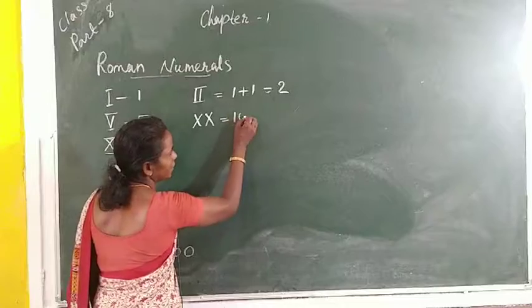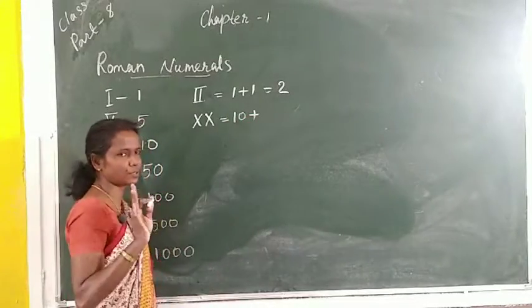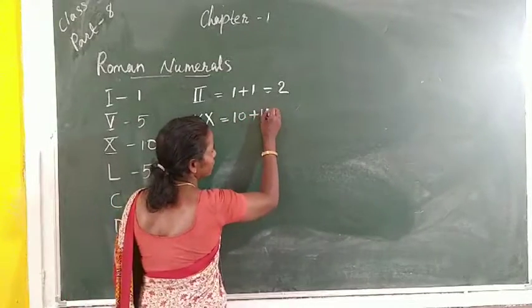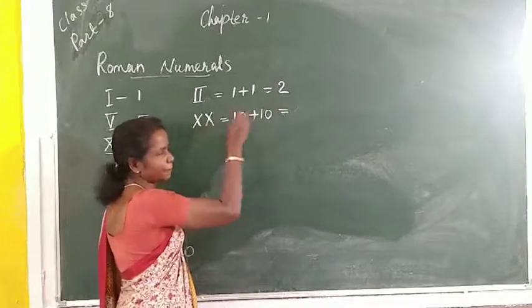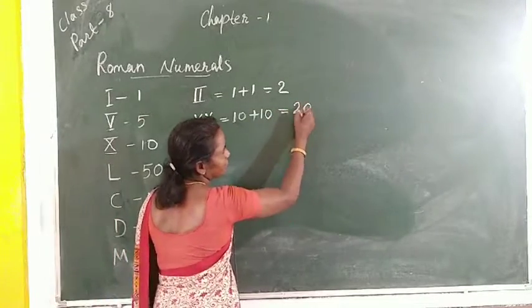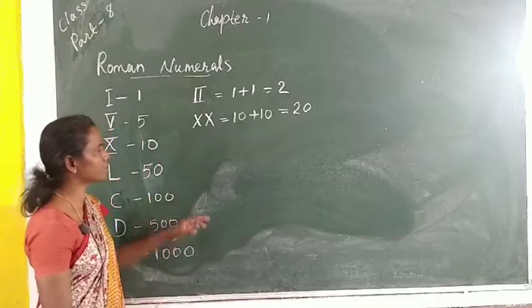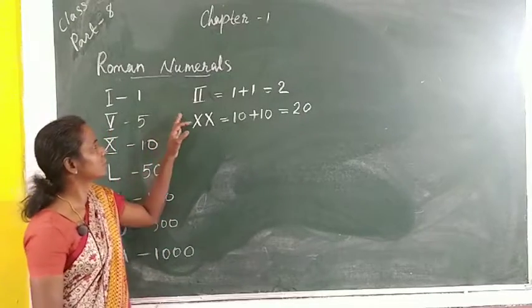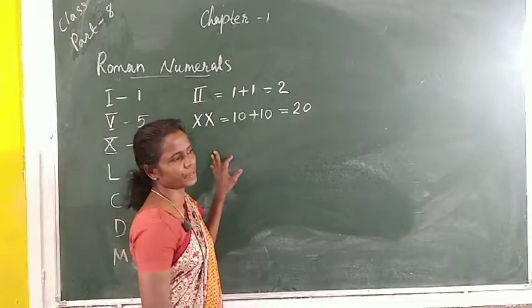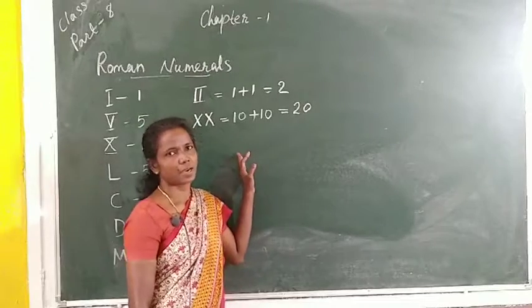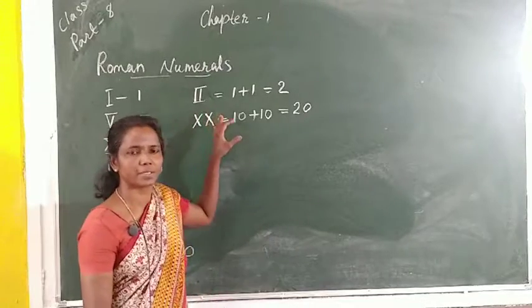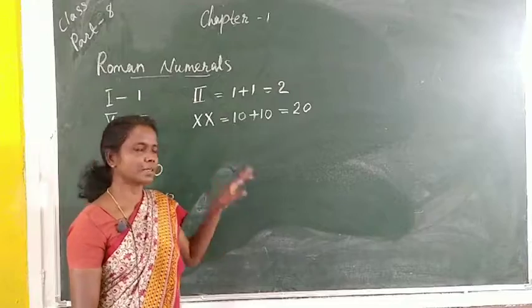So 10 added 2 times, 10 plus 10, gives the number 20. Is it clear? If a symbol is repeated, we add its value as many times as it is repeated.